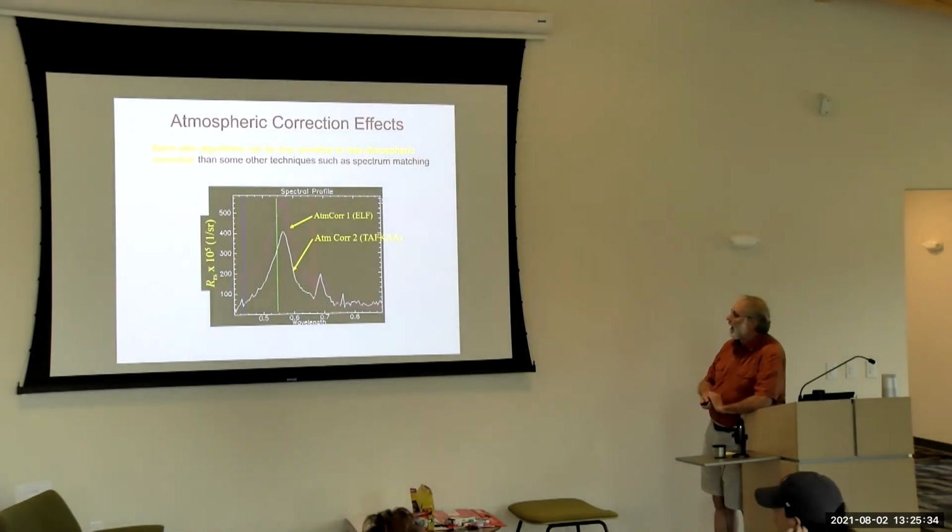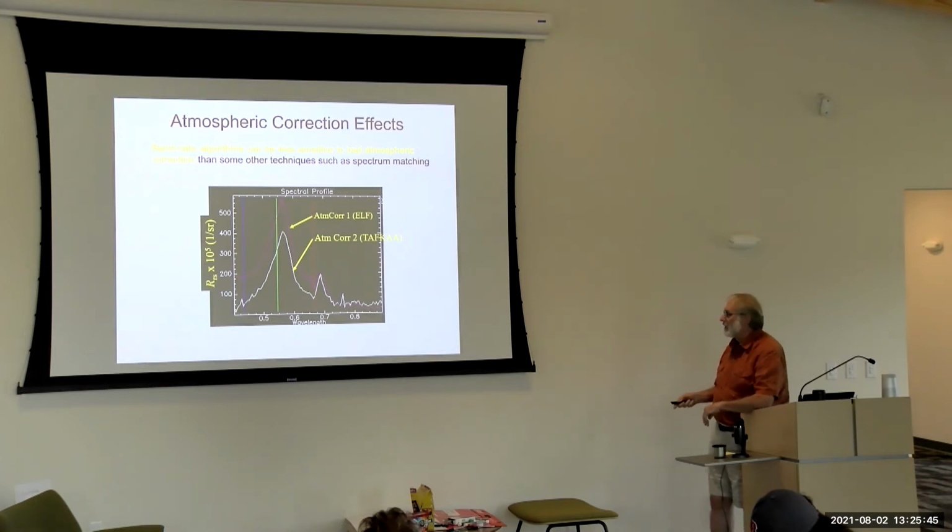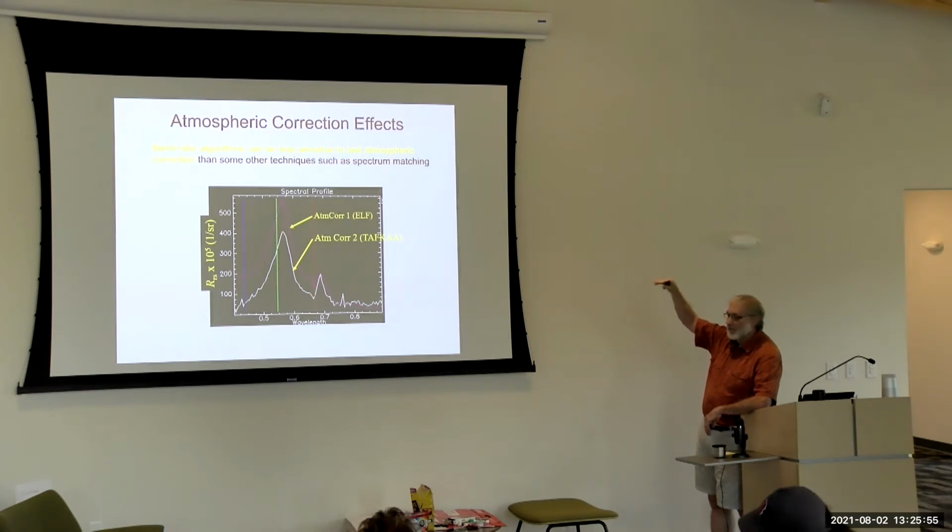Okay, one of the virtues of band ratio algorithms is that you're throwing out the magnitude information when you take the ratio of the 2 bands. Now, here are 2 spectra. This was actually an airborne measurement, but it's the same at-sensor radiance, atmospherically corrected by 2 different techniques, one called empirical line fit and one called TAFKAA.